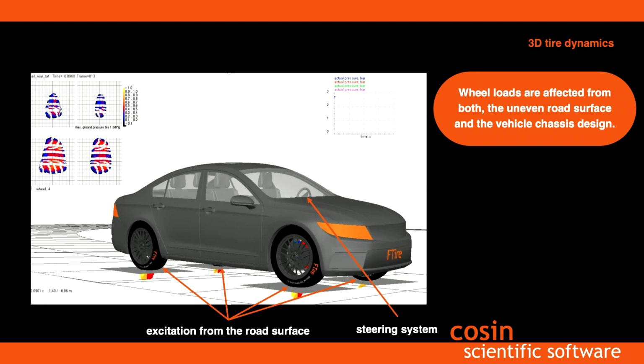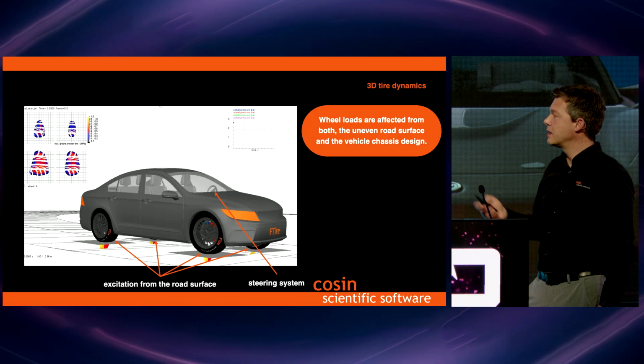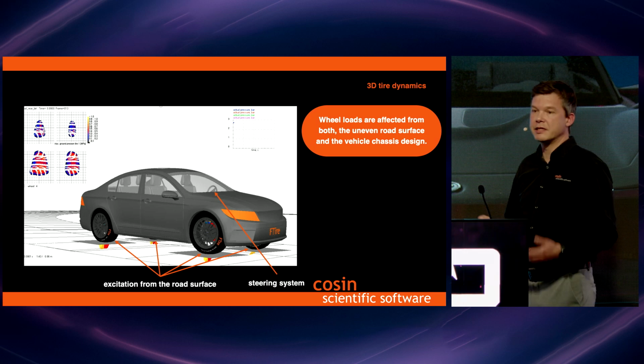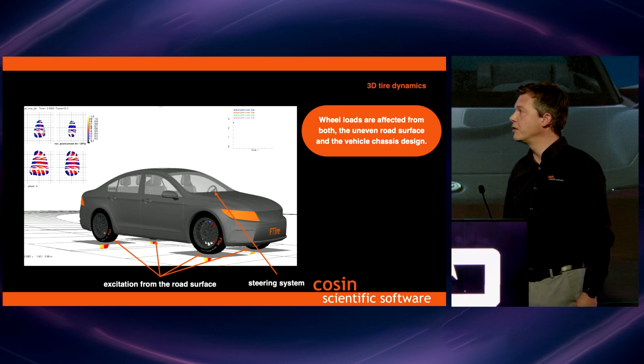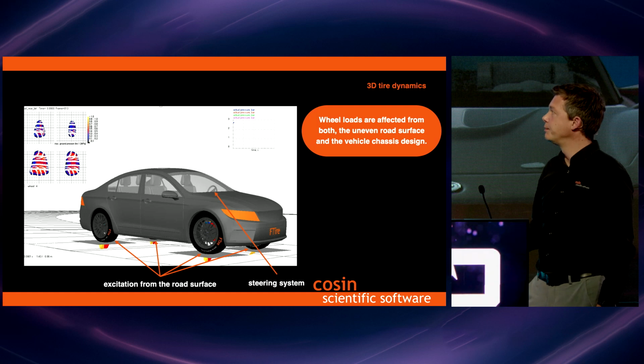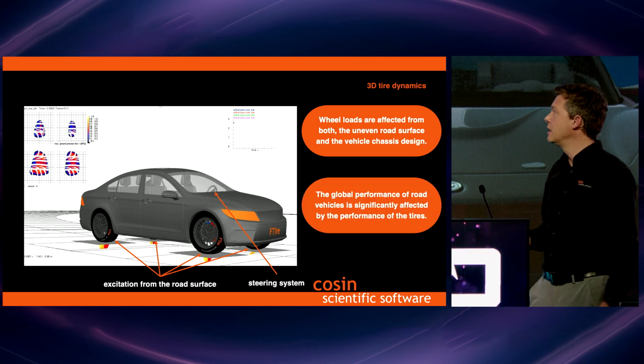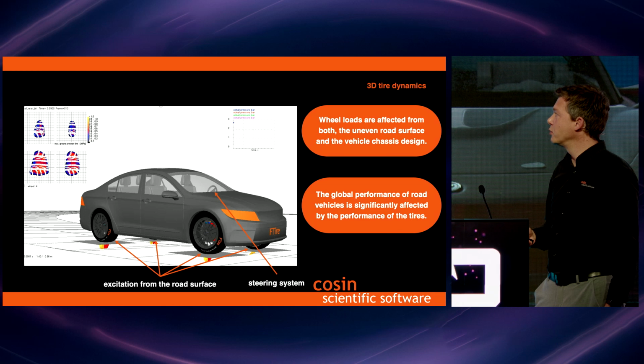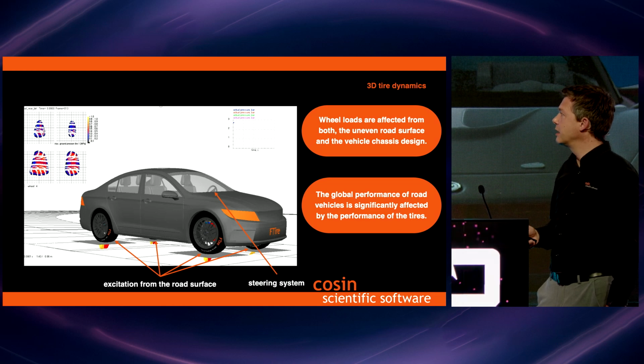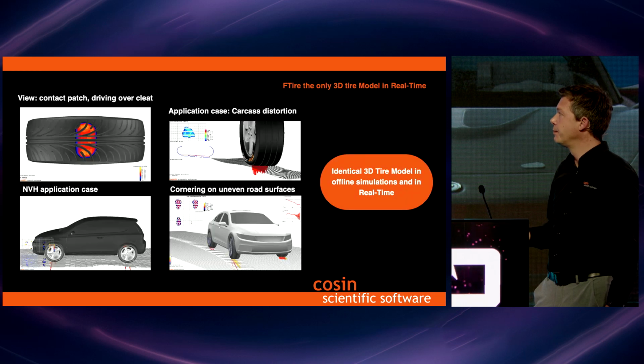We work together with partners to achieve much better steering feel, and the steering system in combination with different multi-body dynamics models. And of course, the global performance of the road vehicle is significantly affected by the performance of the tires.